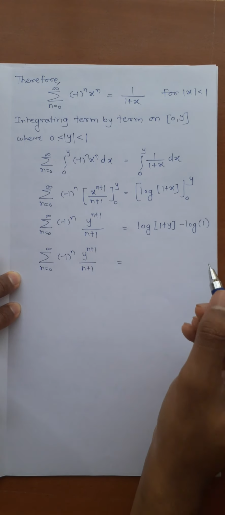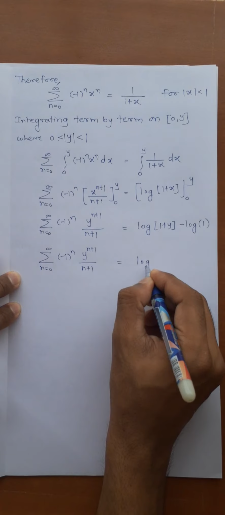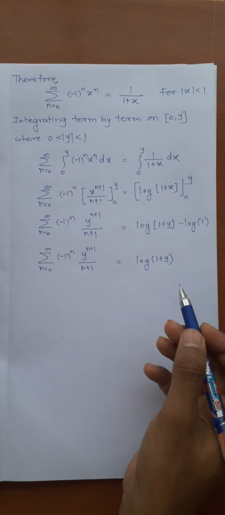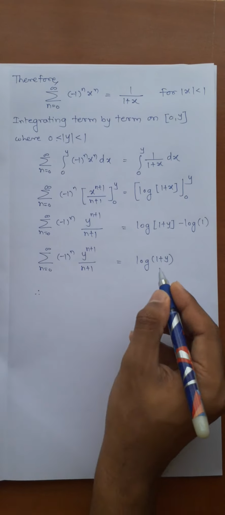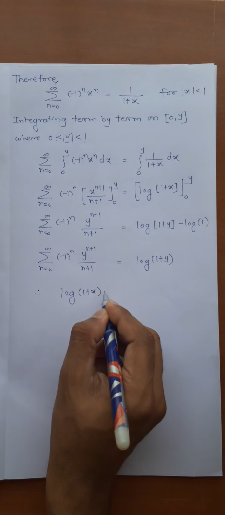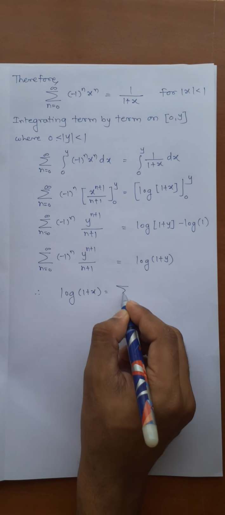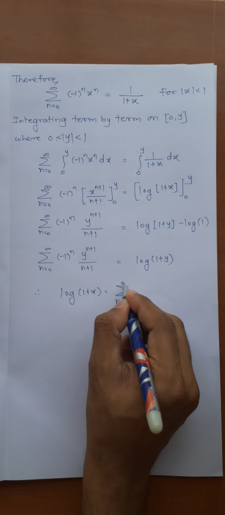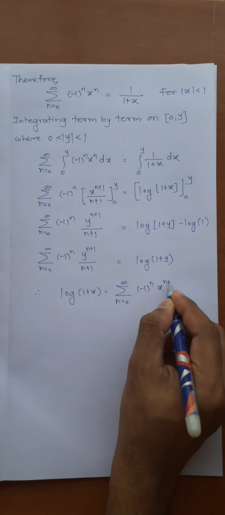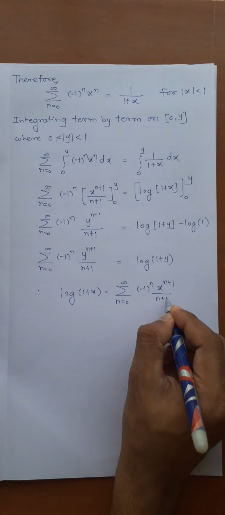Log 1 is 0. So this is log(1+y). Now we can replace y by x. So log(1+x) is equal to summation n from 0 to infinity (-1)^n x^(n+1)/(n+1).